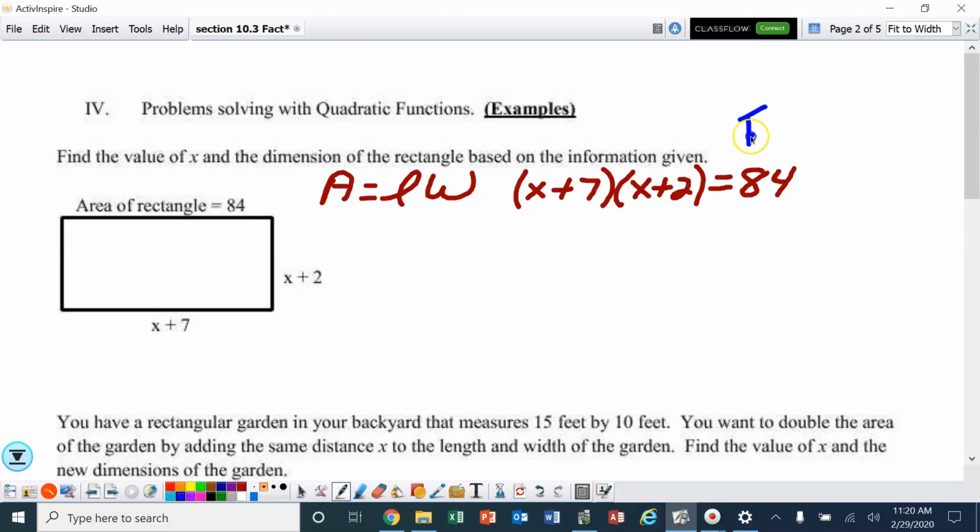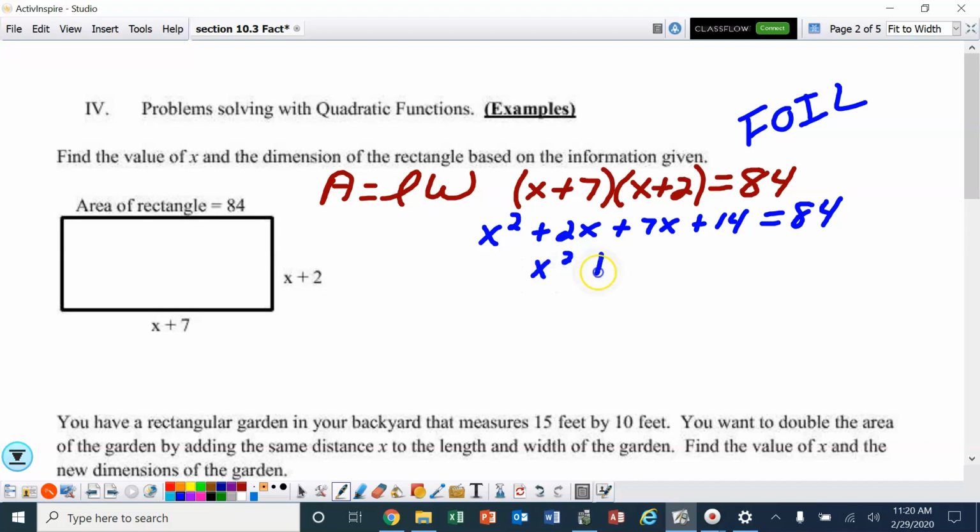Well, again, we're going to FOIL this. So I have x squared plus 2x plus 7x plus 14. Combining like terms, x squared plus 9x plus 14.